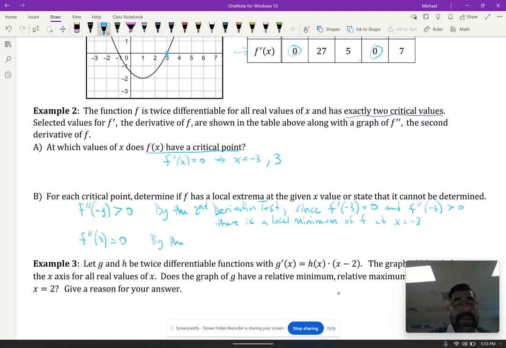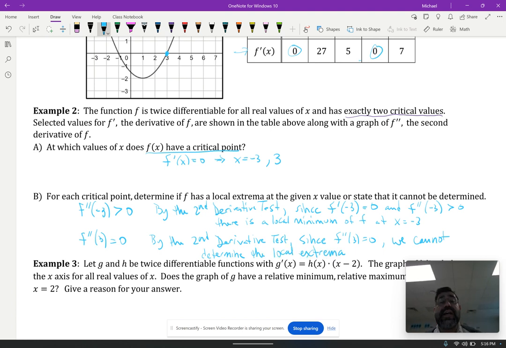By the second derivative test, since f double prime of 3 is equal to 0, we cannot determine the local extrema.